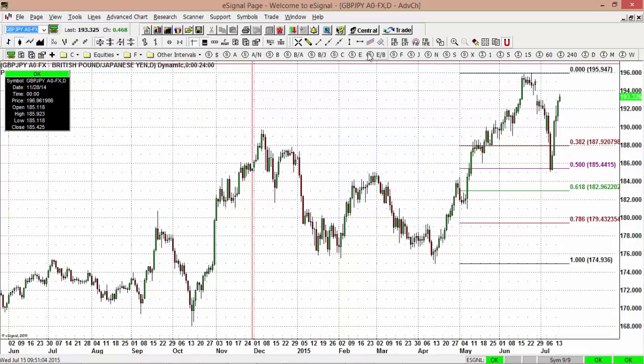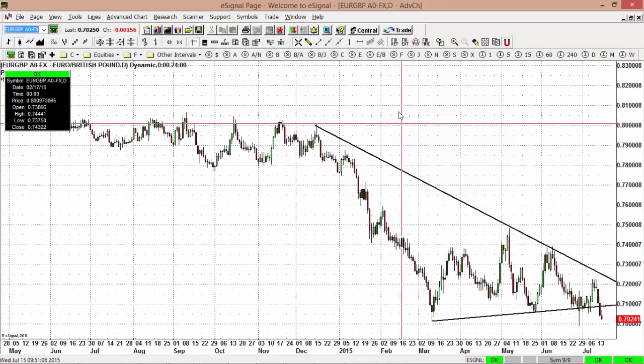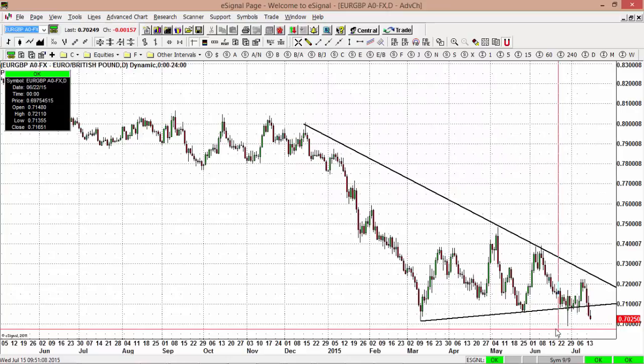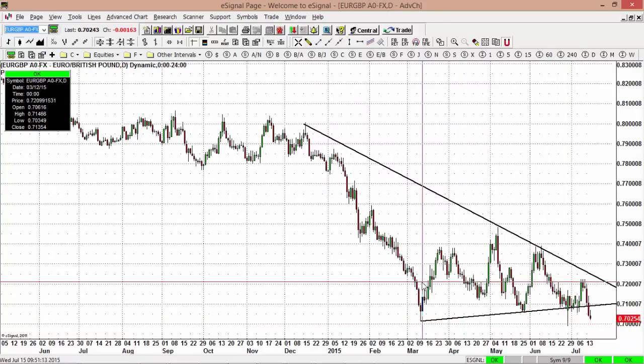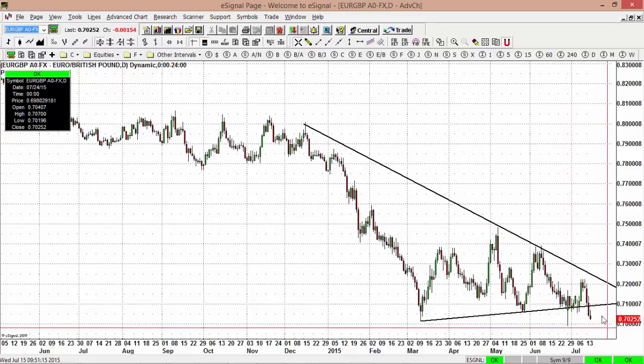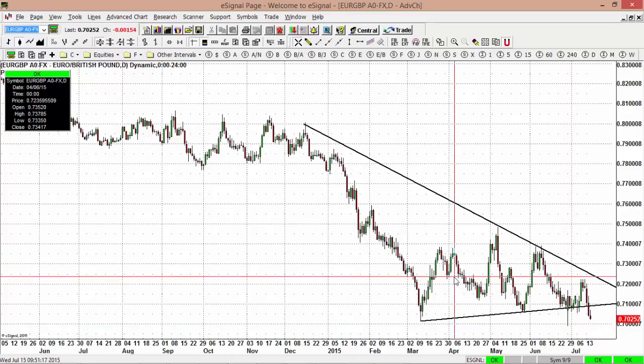For example, the euro versus the British pound is coming up on a low for the year. The low on the year was made in March, and we see that the market, after some retracement, is coming back to test that low again.